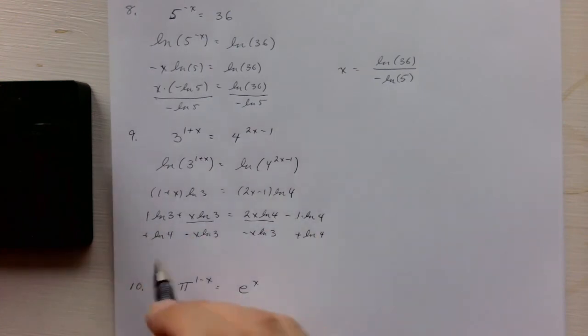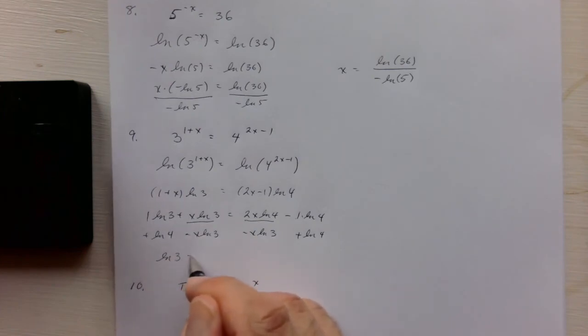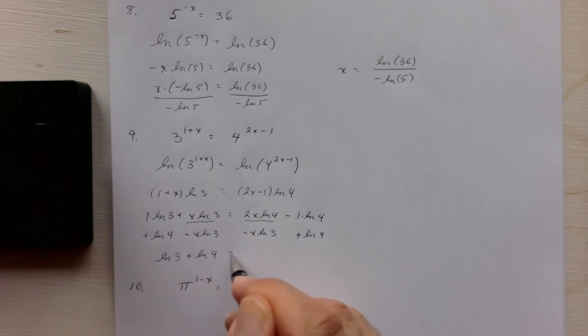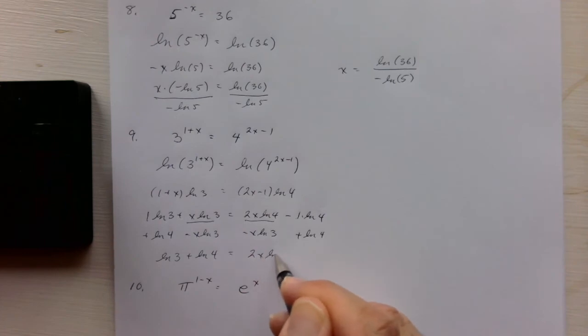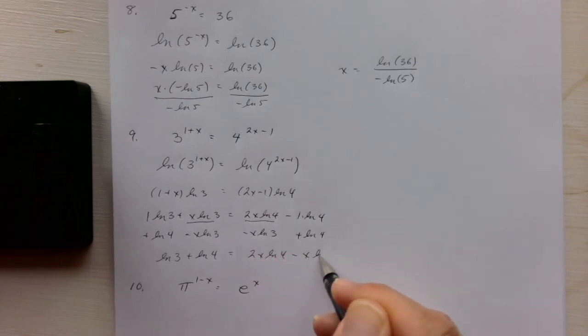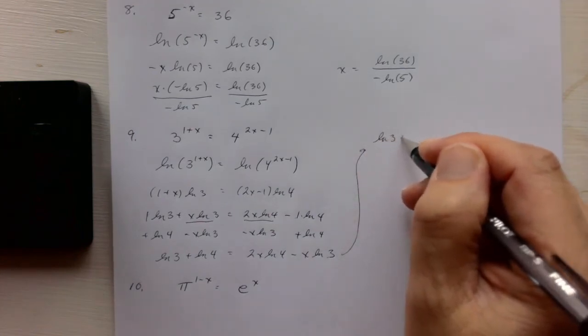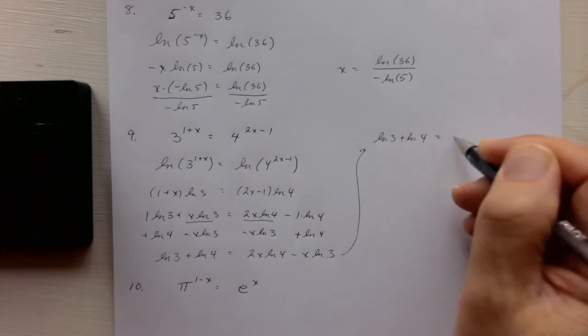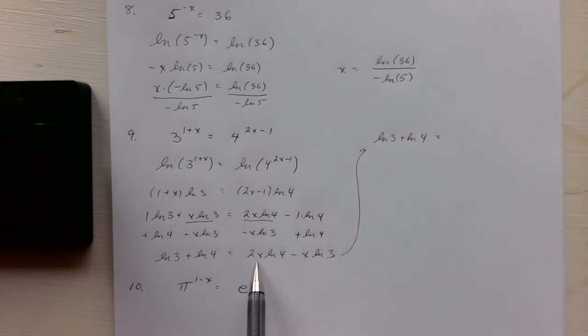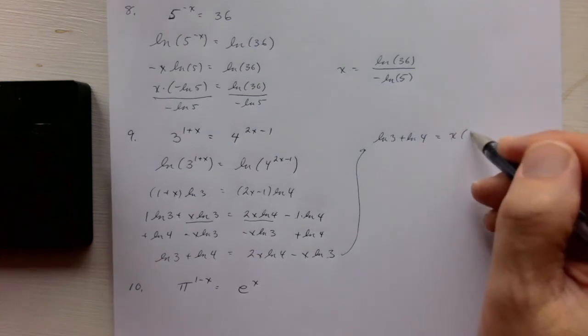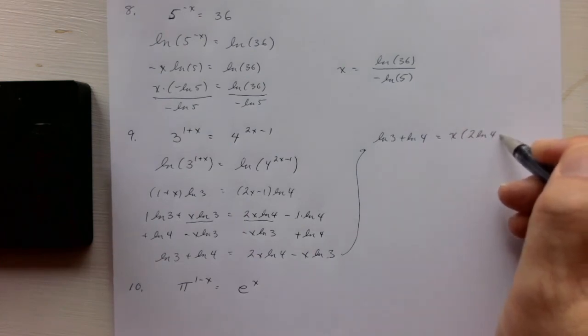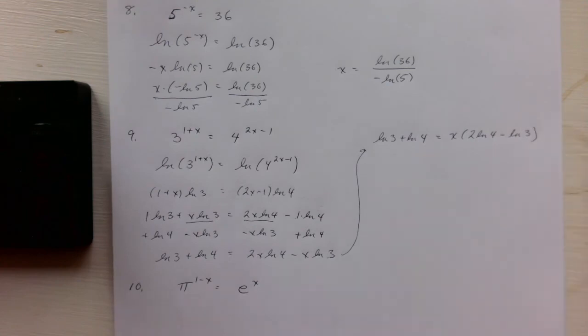Then this becomes log 3 plus log 4 equals 2x log 4 minus x log 3. And now that we have all the x terms on one side, we can factor out an x. We get 2 log 4 minus log 3.